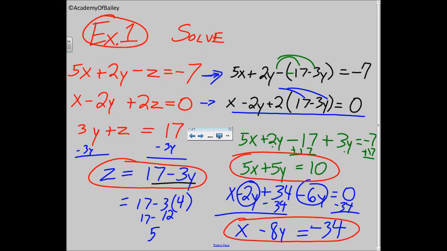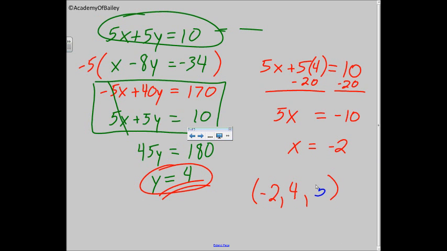So then what do we have for z? 5. Z is going to be 5. So that's one method. We use substitution there to start off to eliminate the variable z, and to only leave us with these variables x and y. So now we have solved that one.